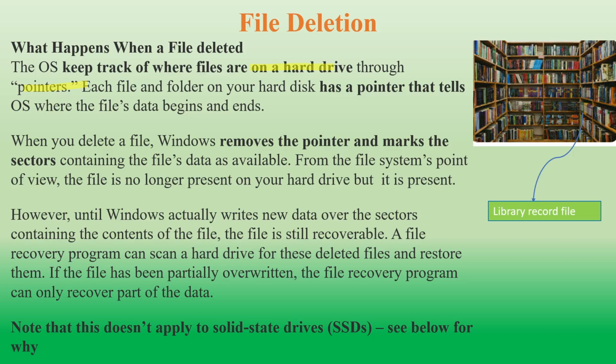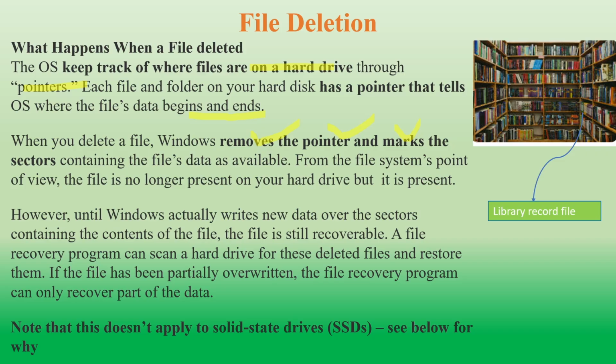Each file and folder on your hard disk has a pointer that tells the operating system where the file data begins and ends. And when a file is deleted, what happens? The operating system removes the pointer. So the pointer is removed, and it becomes very difficult to access the file.